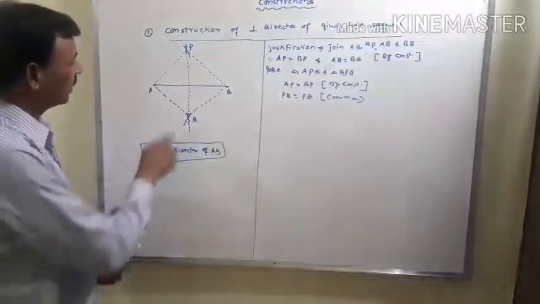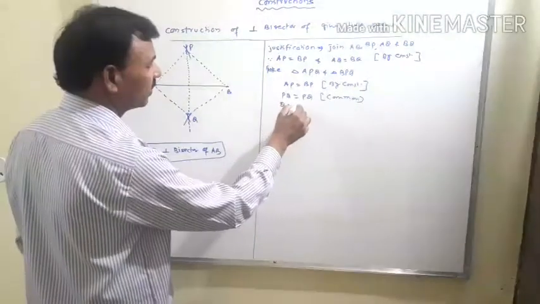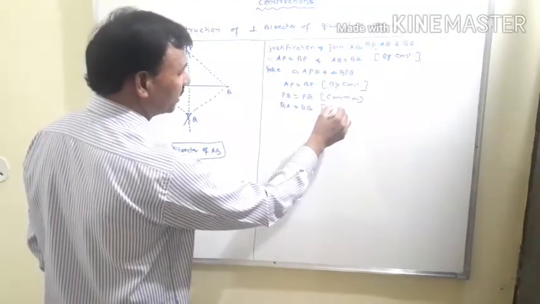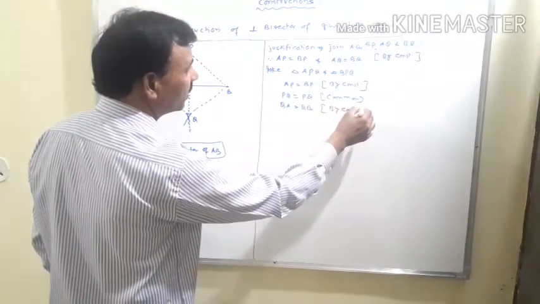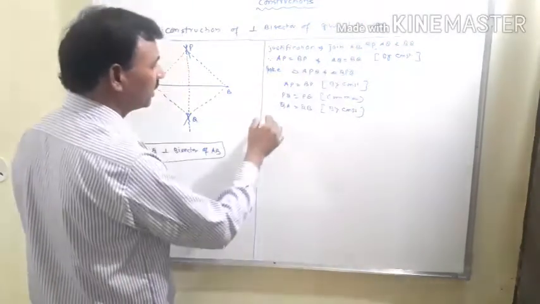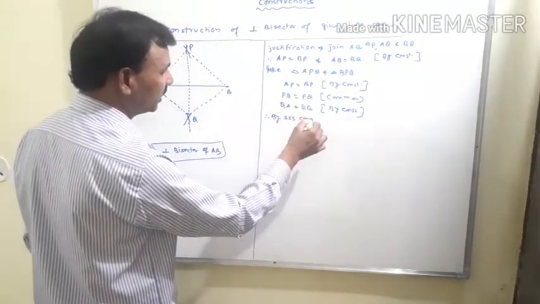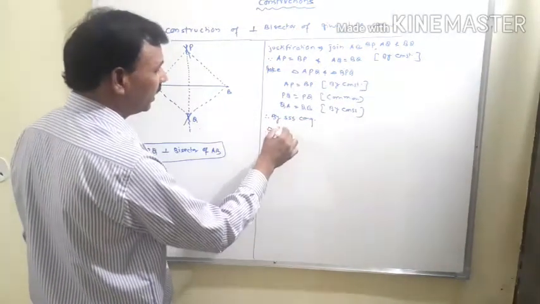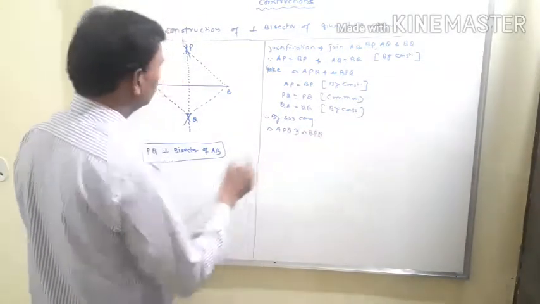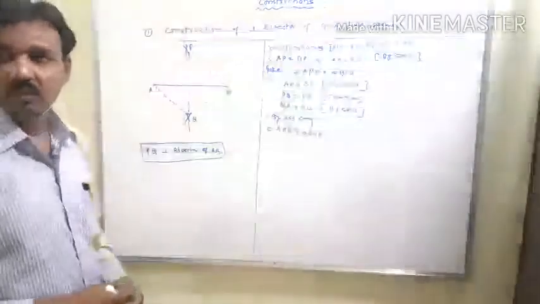And QA equals QB by construction. Therefore, by SSS congruency, triangle APQ is congruent to triangle BPQ. That means this triangle is congruent to this triangle.